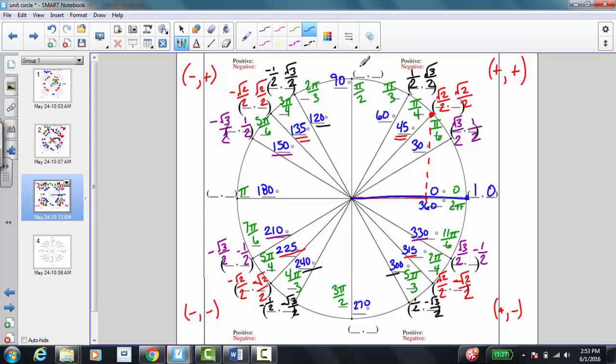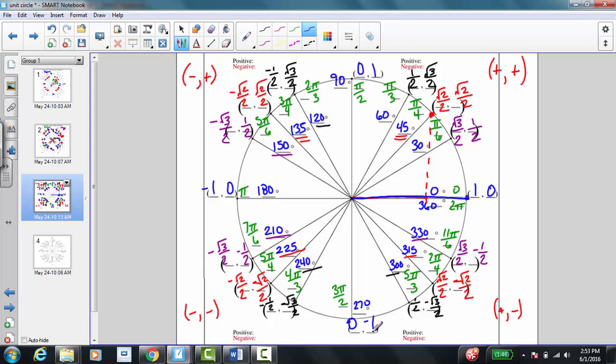For 90 degrees, I've traveled 0 in the x direction and a positive 1 in the y direction. For 180, a negative 1 in the x direction, a 0 in the y direction. And for 270, 0 in the x direction, and a negative 1 in the y direction.